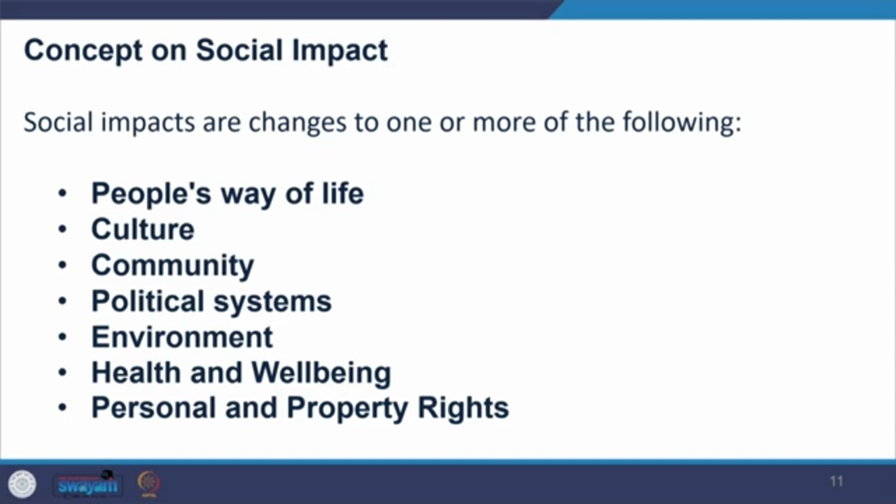Likewise, we see their environment, the quality of air and water people use, and the kind of access they have to food, what they eat, and then the kind of hazard or risk they have. Then we also look into health and well-being. Health is the state of complete physical, mental, social and spiritual well-being. Then also look at their personal and property rights.